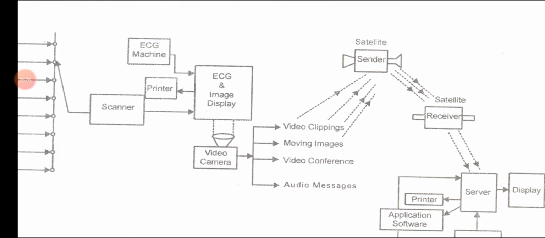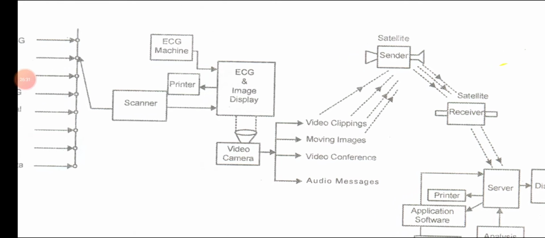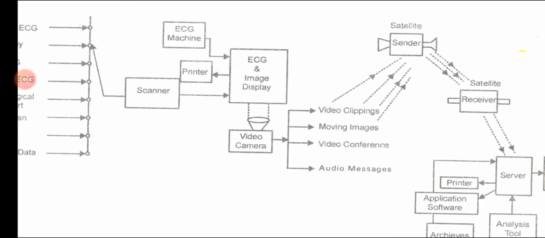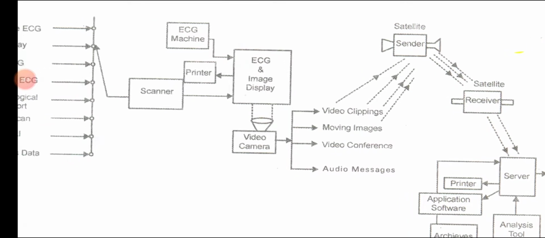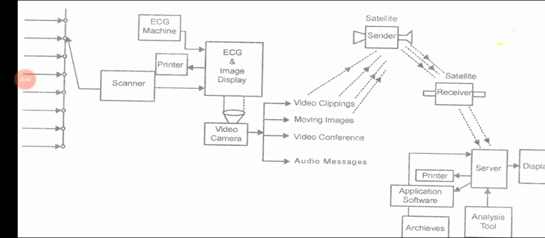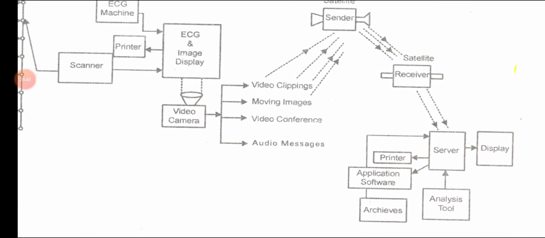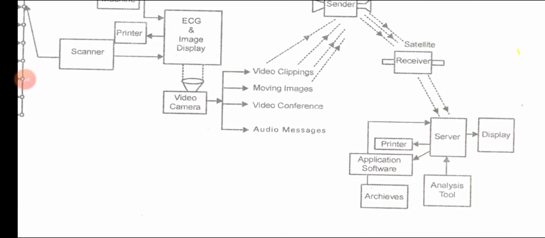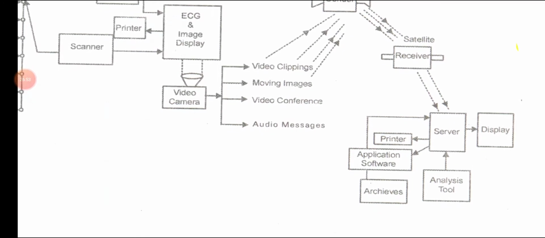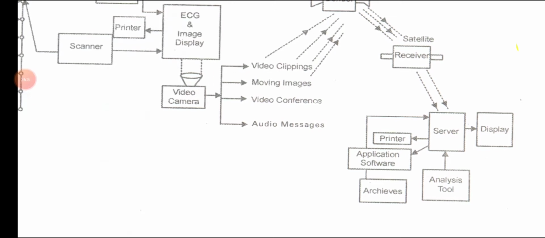The satellite receiver receives all the data from the remote location of the patient data and its reports, screening test reports and MRI, CT, ECG reports, fed to the server. By using an analysis tool, you can analyze these reports, archives and software application. We can print the data and display it on the display system.